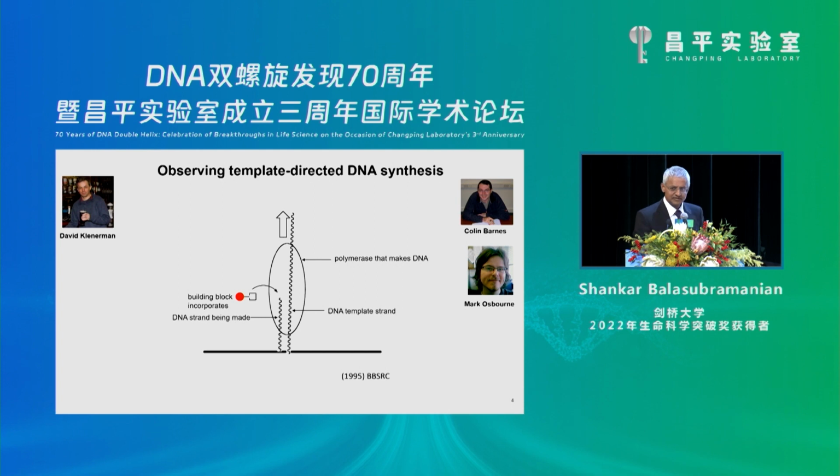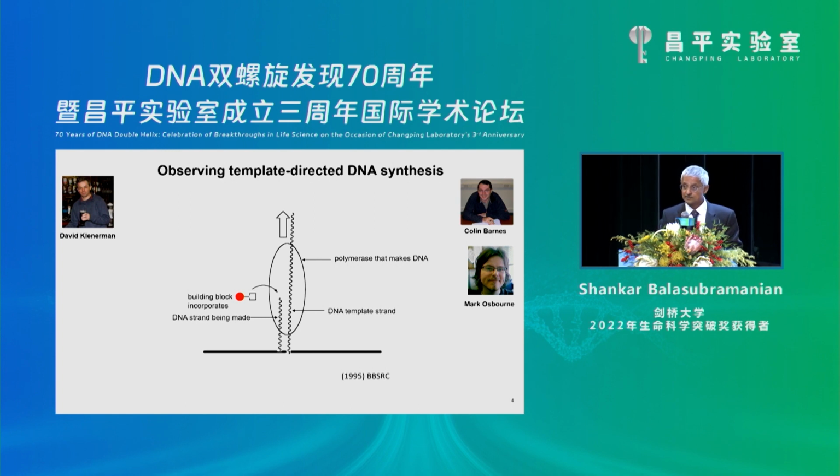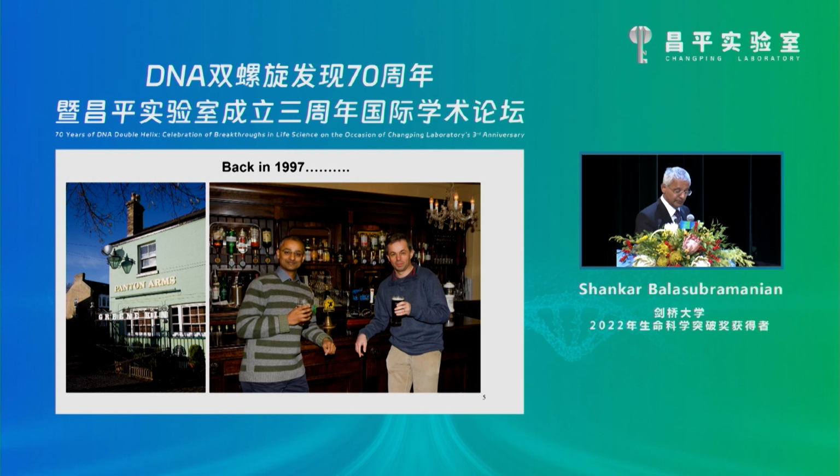Now, there were a number of different ways that we approached this problem, but we needed an observable, we needed a fluorophore. And so one of the ways we did this was to actually incorporate a fluorophore into the deoxynucleotide triphosphate in order to incorporate fluorescently labeled nucleotides. So these were the experiments we were carrying out.